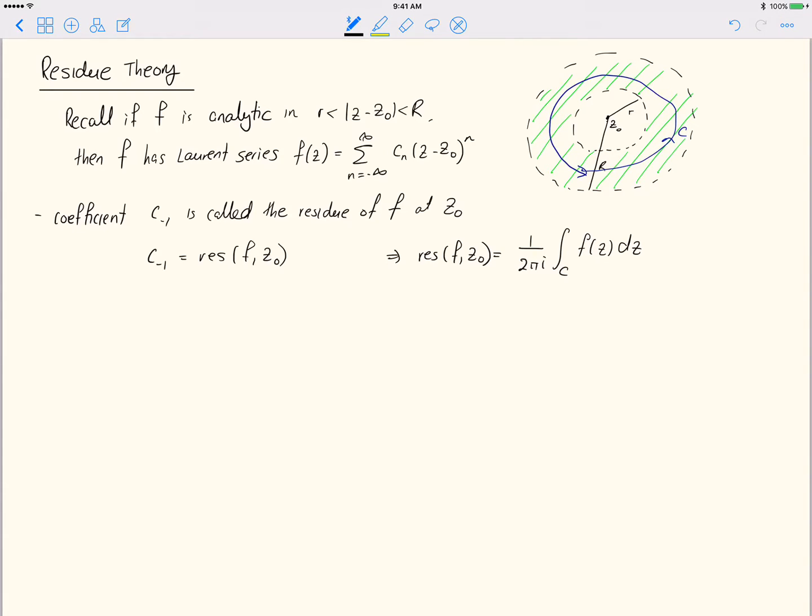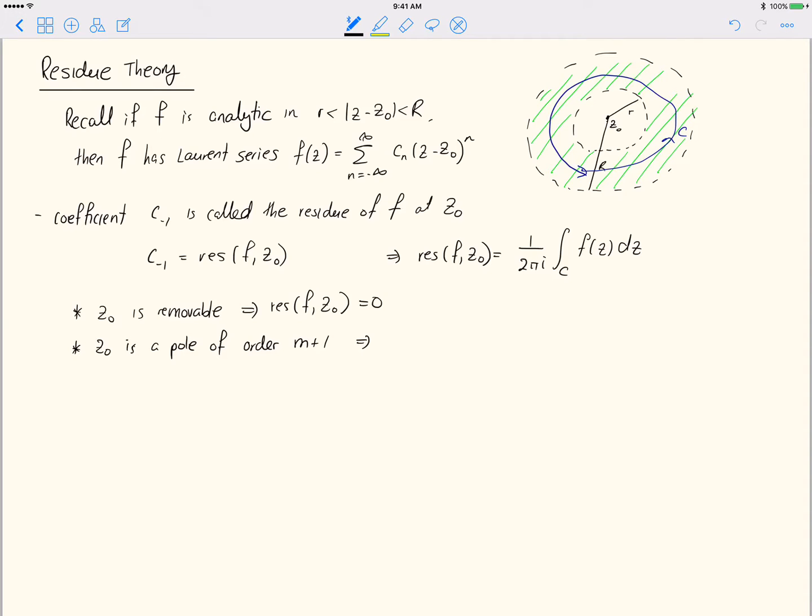So if your singularity z0 is removable, then actually the residue at that point is 0. Nice and simple. If z0 is a pole of order m, actually let me write it as a pole of order m plus 1, it'll make the formula easier to remember.